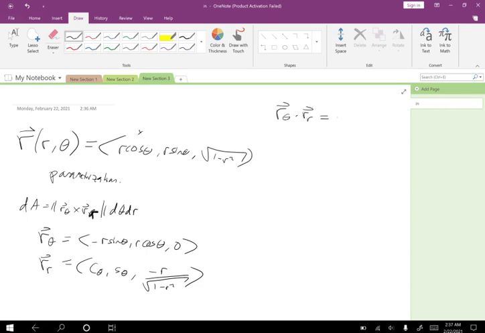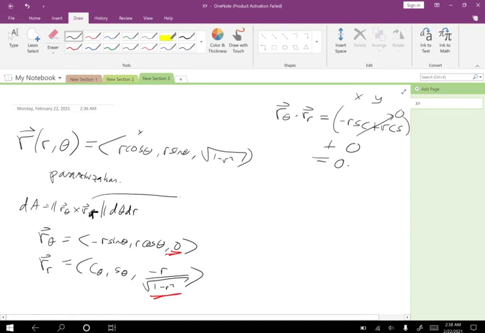I'm going to do the xy part first. So we'll have minus r sine cosine plus r cosine sine, that's obviously 0. And then for the z, that'll be 0, clearly, because the first component is 0. So the dot product is 0, so our cross product reduces to the product of the lengths.